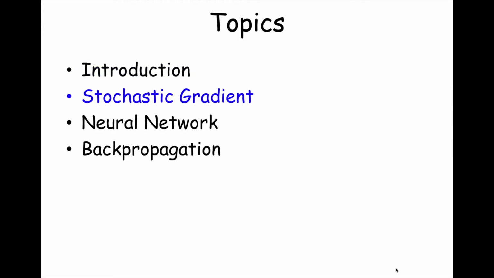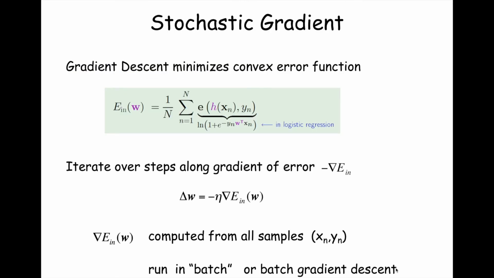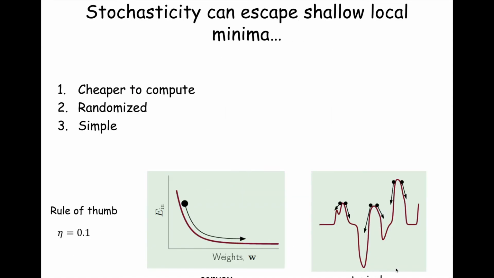So with stochastic gradient descent, you get the benefits of gradient of En in batch mode with enough iterations, but you also have the benefit of being cheaper to compute. It's randomized, which gives you the ability to escape local minima. And it's also very simple. Any questions about this? Does that make sense?